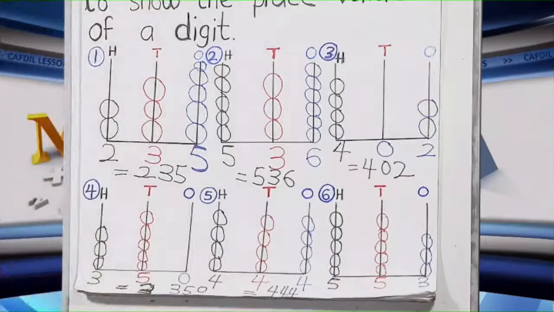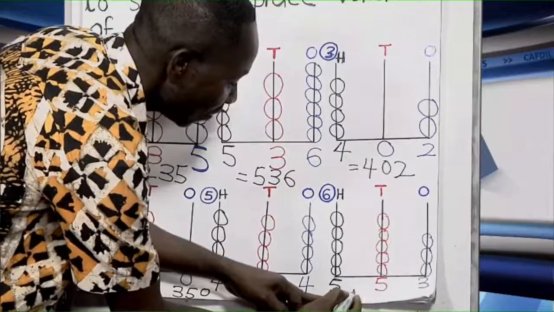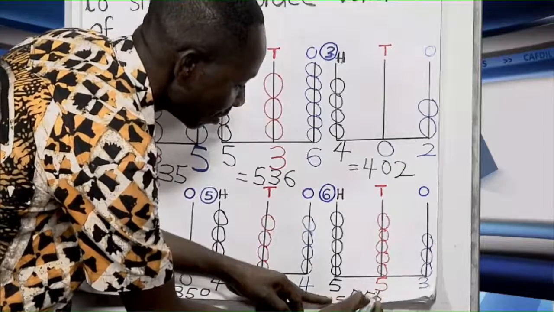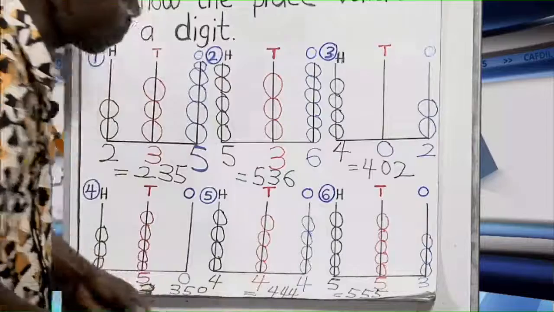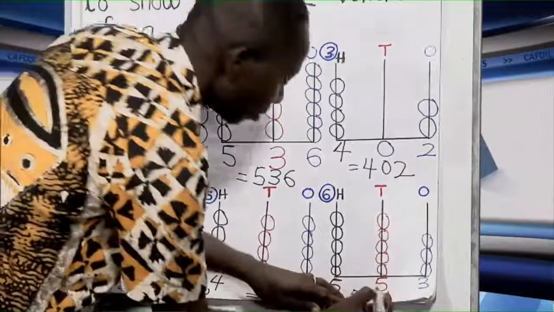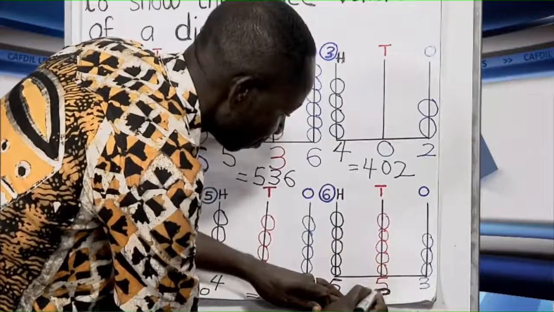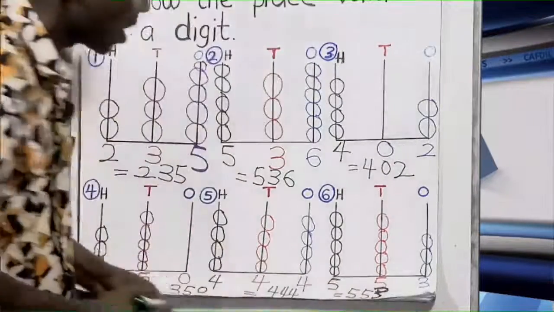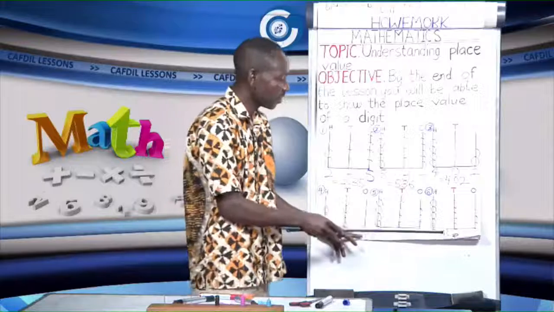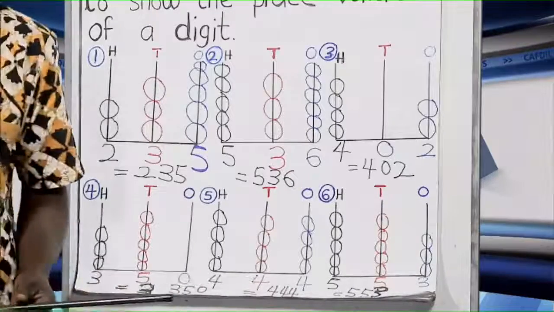Now, in all, this will give us 553. Now you can see that though we have 553, the 2 5s here are not the same.